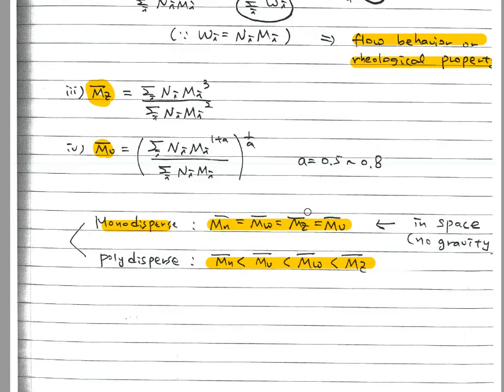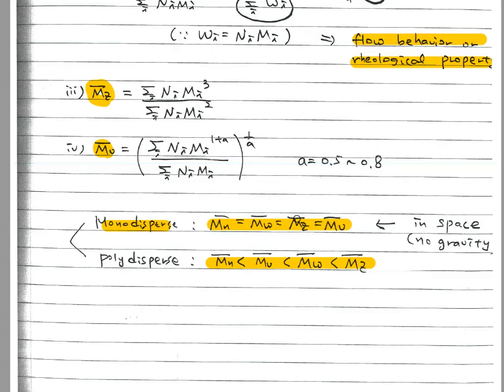The reason why is that we are basically living on Earth. If you synthesize polymers in space without any gravity, then it could make monodisperse polymers. And also, when we learn about polymer synthesis, there's a way to synthesize close to monodisperse polymers later. Okay?